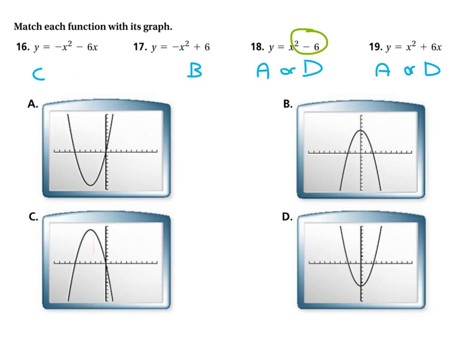Let's do that same thing for 18 and 19, A or D. Well, which one doesn't have an x term? Well, 18 doesn't have an x term. Since 18 doesn't have an x term, it just goes from x squared to the constant term, that means we're not shifted off of x equals 0 for the axis of symmetry.